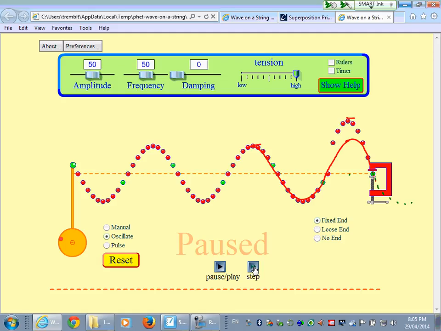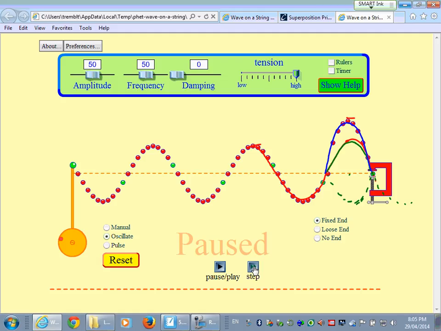But it's going to reflect. And it's going to flip, because when it hits a fixed end, it reflects flipped. So it reflects like this. Now those two waves are totally overlapping each other, and the result is the blue wave that you get here at that moment in time.